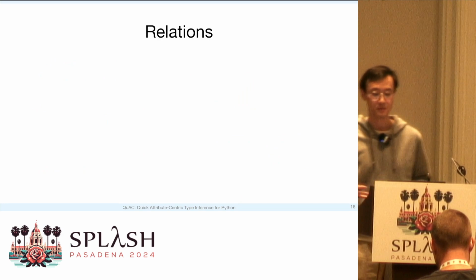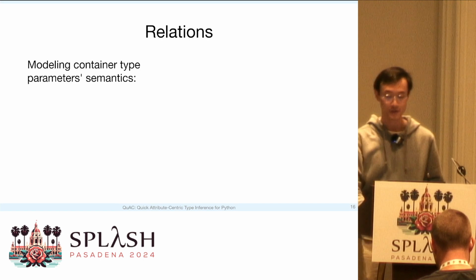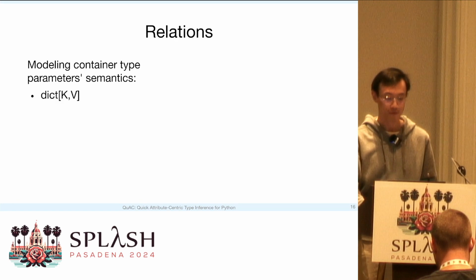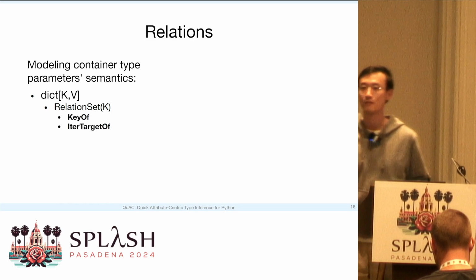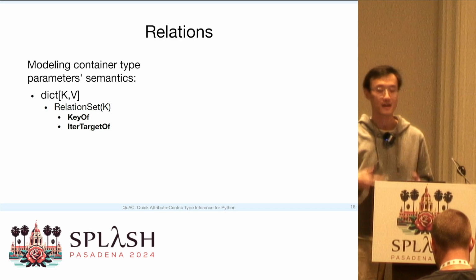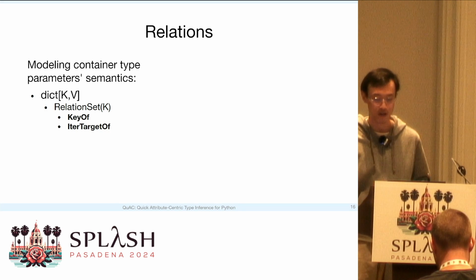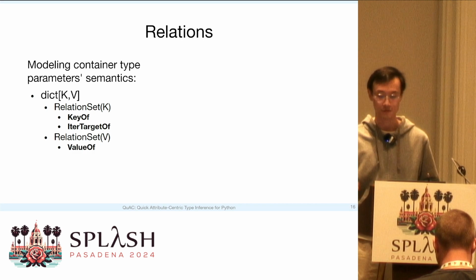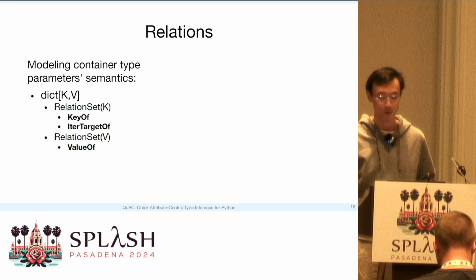In this process of predicting container type parameters, we have used the concept of relations. First of all, we use relations to model the semantics of container type parameters. For example, in Dict[K, V], the relation set of the parameter K includes key_of and iter_target_of, suggesting that K has the types of the keys stored in a dict and the types of the elements iterated over a dict. In comparison, the relation set of V includes value_of, suggesting that V stores the types of the values in a dict.